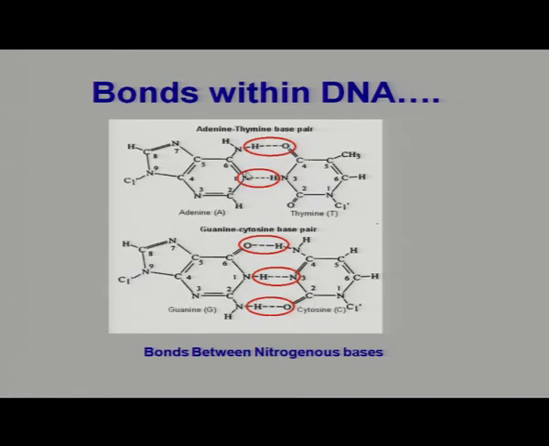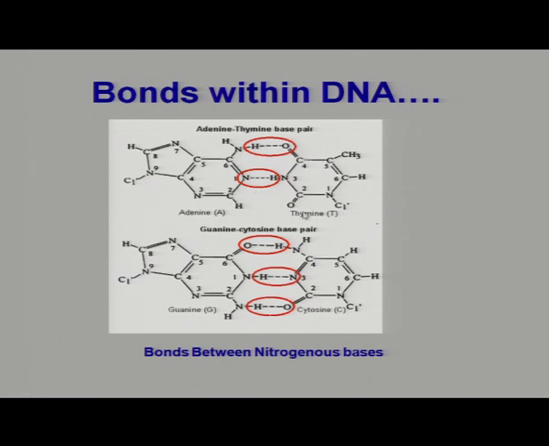This is how the nitrogenous bases combine together. Adenine always combines with thymine and vice versa, thymine always combines with adenine. Like that, guanine always combines with cytosine and cytosine always combines with guanine. Because DNA is a double helical structure, it has 2 strands. These 2 strands combine together with the help of these bonds, and this bond is called hydrogen bond.